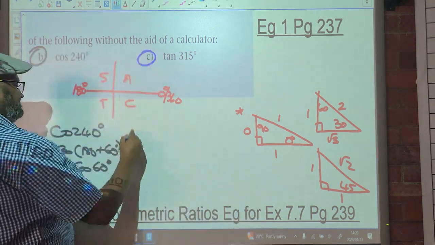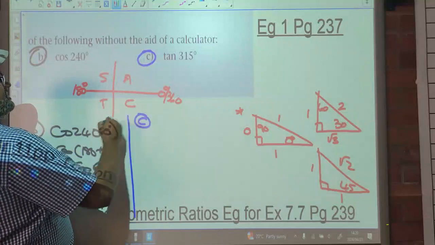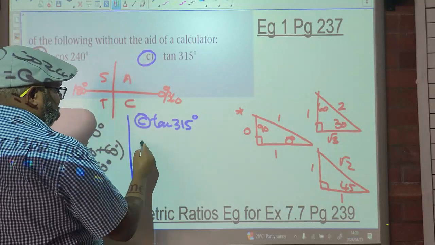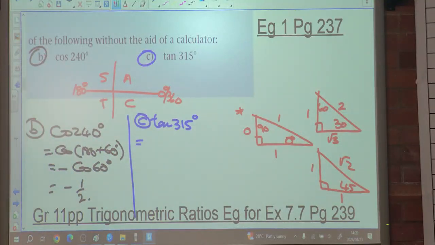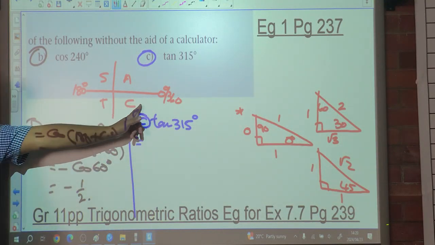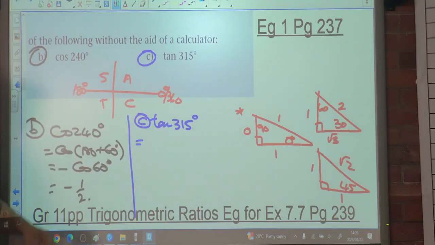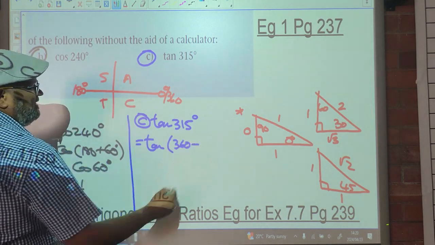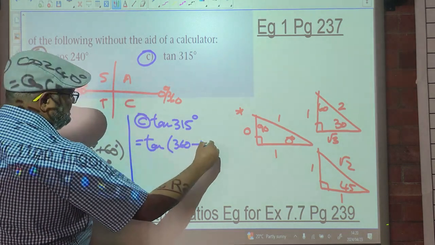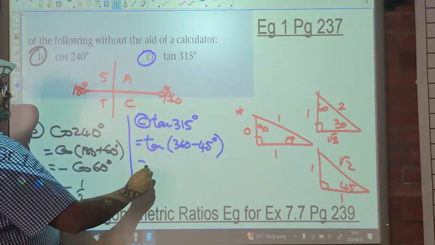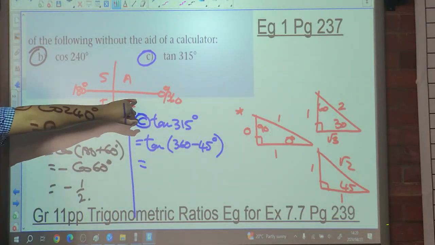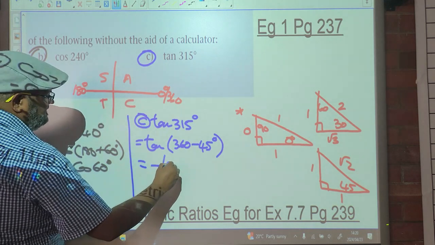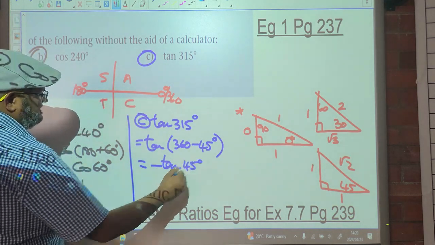Let's look at C. We have tan of 315 degrees. Which quadrant is 315 degrees in? Fourth quadrant. How do we get into the fourth quadrant? It's going to be 360 minus 45. Is tan positive or negative in this quadrant? Negative. So what do I write? Negative tan 45 degrees.